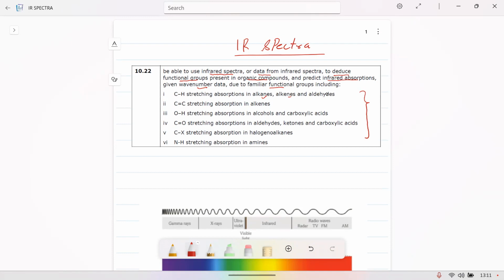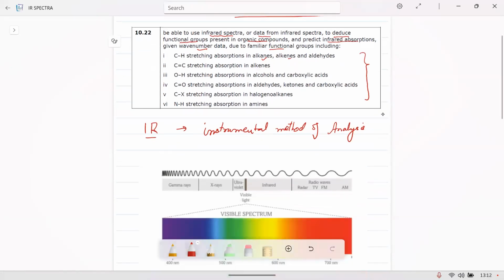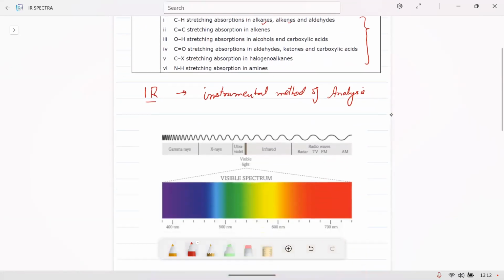So the next thing is when you talk about IR, the IR is again an instrumental method of analysis. Instrumental method means you need an instrument like the mass spectrometer you had. Same way, you need an instrument to analyze the substance.